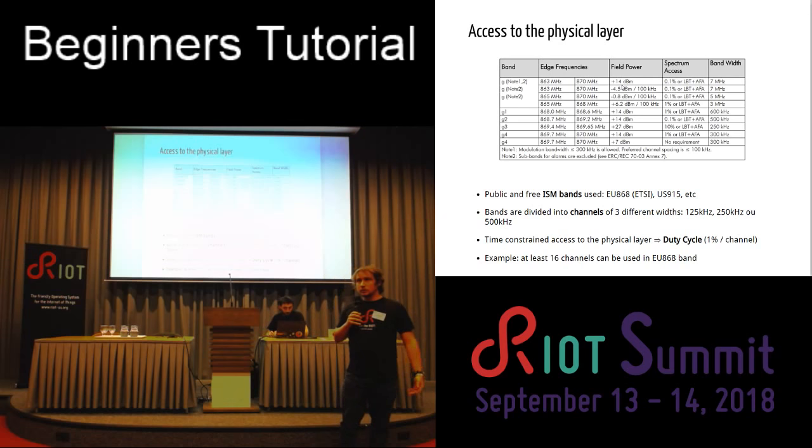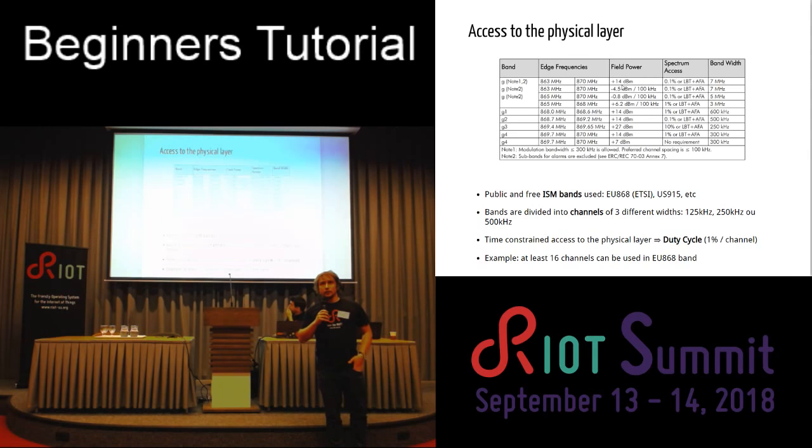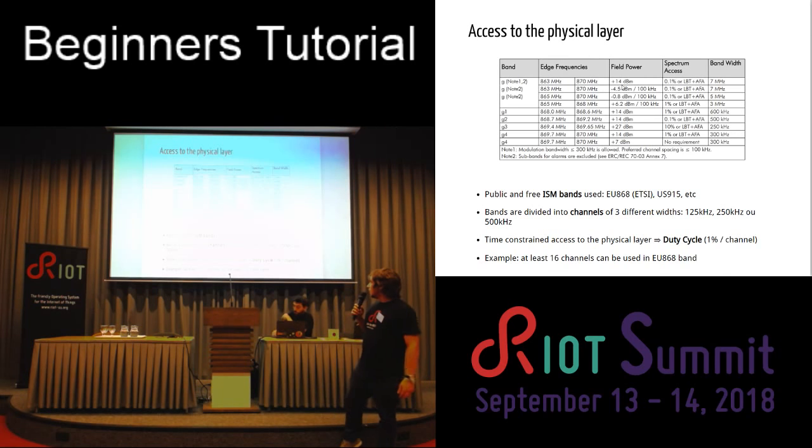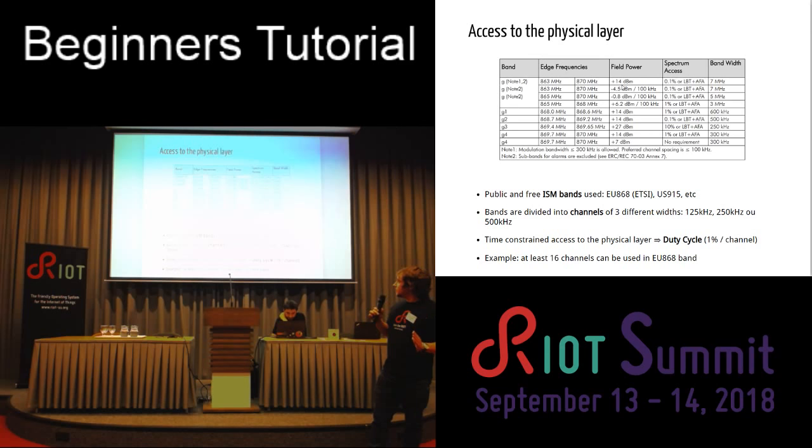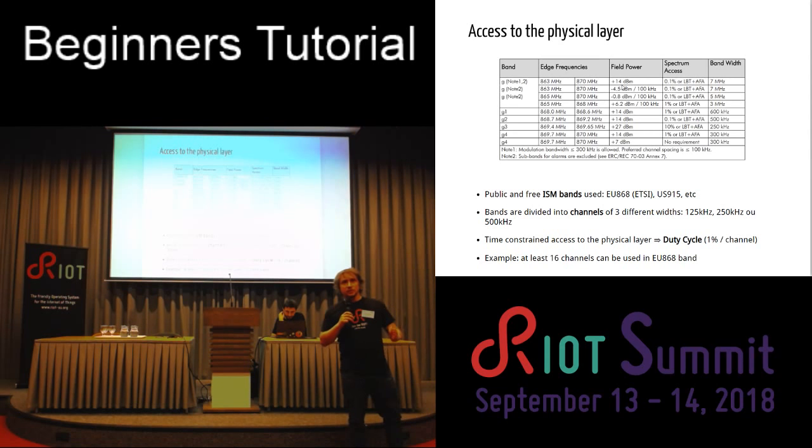I've talked before, there are some regulations on LoRaWAN, like access to the physical layer. Here in Europe, we have 5 groups of bands. They're divided in different bandwidths: 125, 250 and 500 kilohertz. The important thing is that we have a time-constrained access to the physical layer.